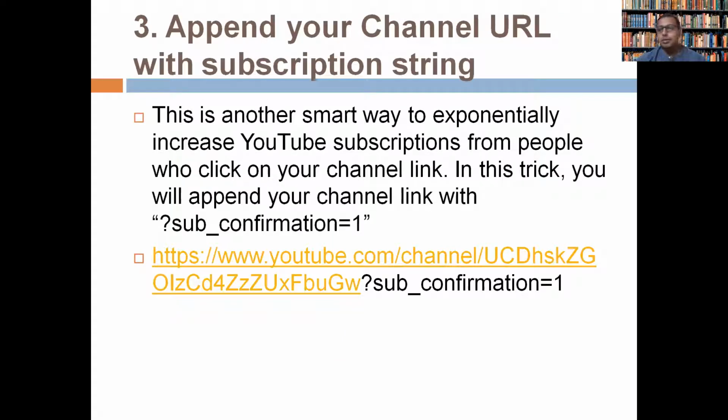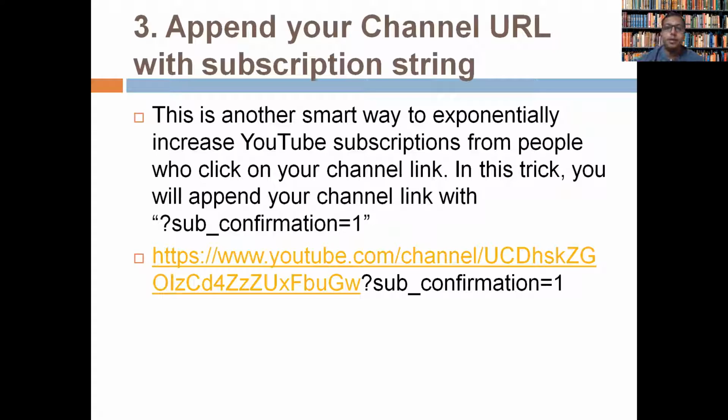Third and the most important point, I usually call this a magic tag. What is this magic tag now? You have to append your channel URL with a subscription string. What is a subscription string now? You can note it down: question mark sub underscore confirmation is equal to 1.